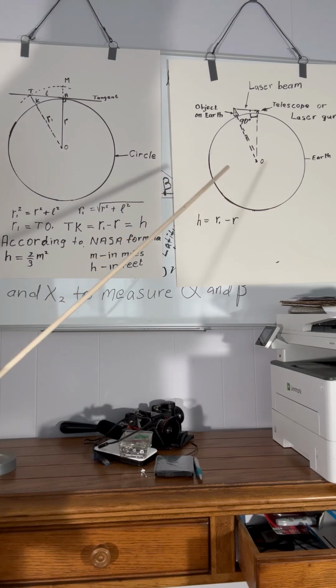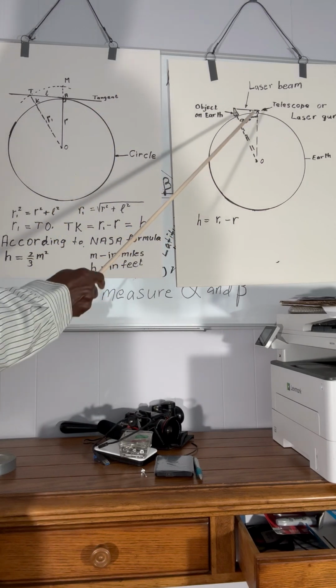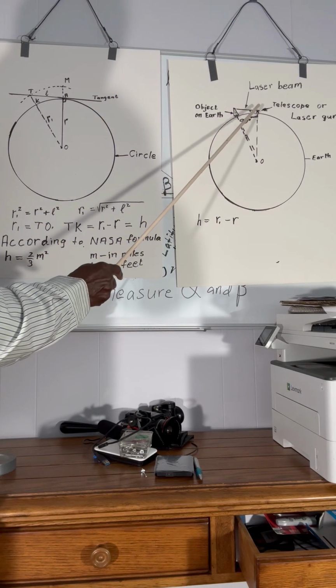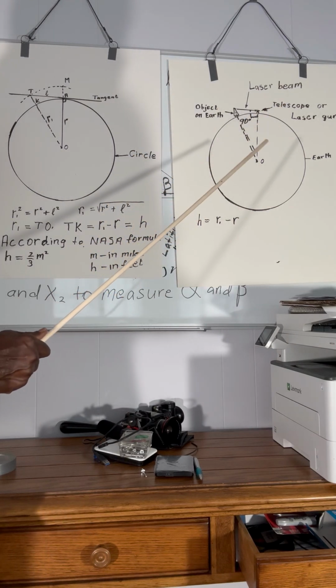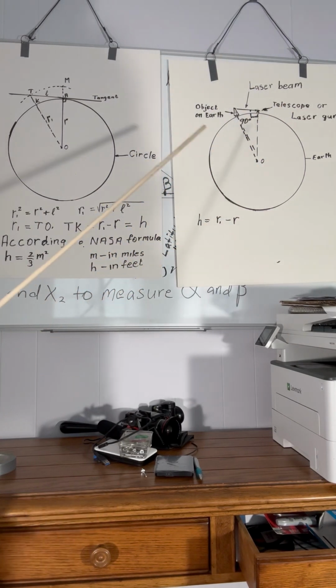If they are the same, the earth is flat. If this one is higher than this, the earth is a globe, or convex, we call it.